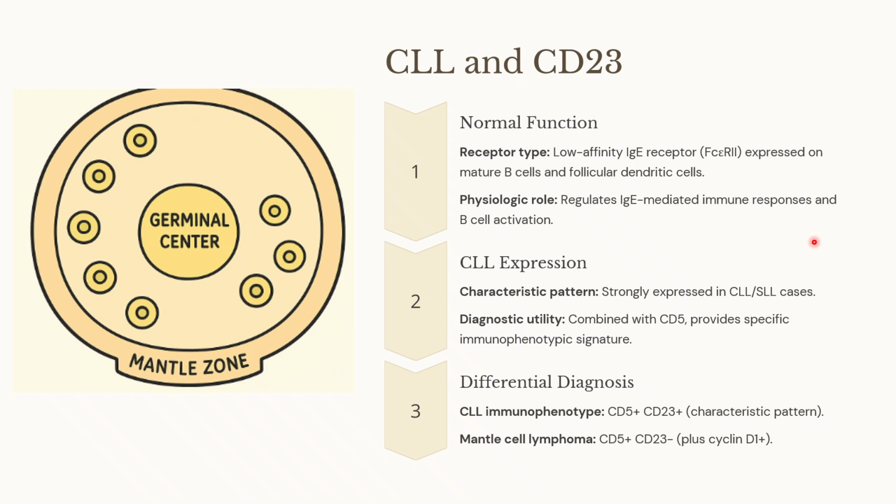From there, they undergo proliferation, somatic hypermutation, and differentiation into mature B cells, capable of producing the antibodies. So, to make it even more clear, the mantle zone is like a waiting room, whereas the germinal center is the place of maturation. What happens in mantle cell lymphoma?